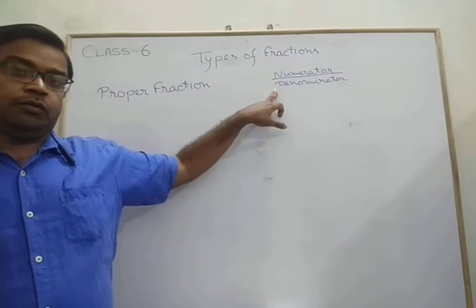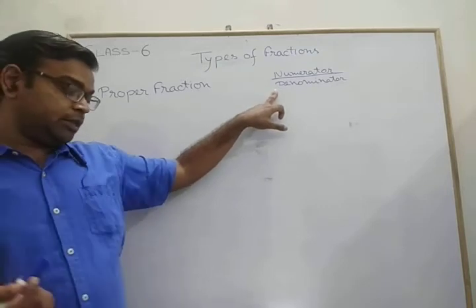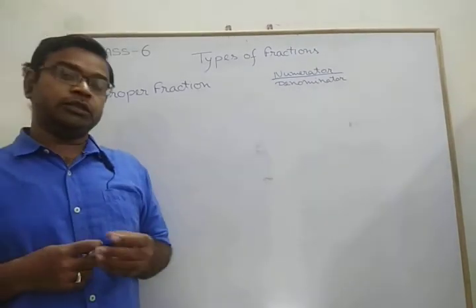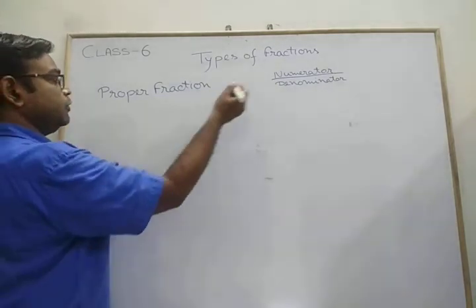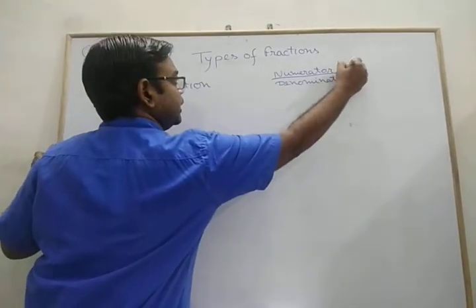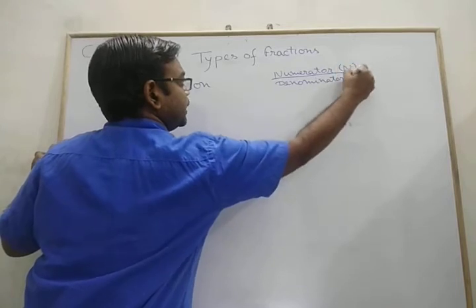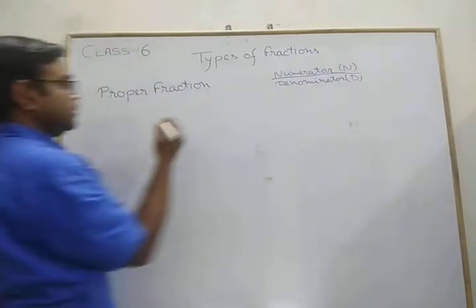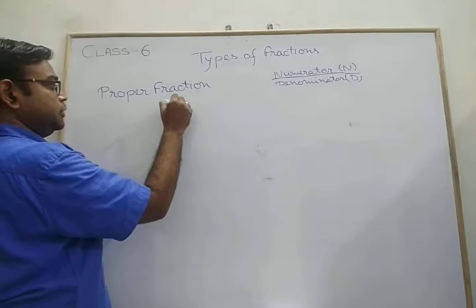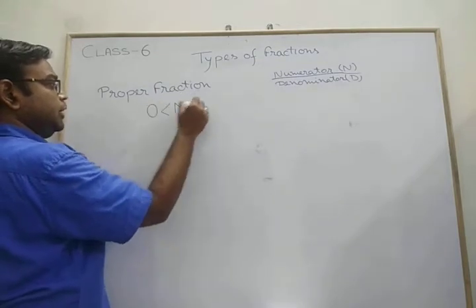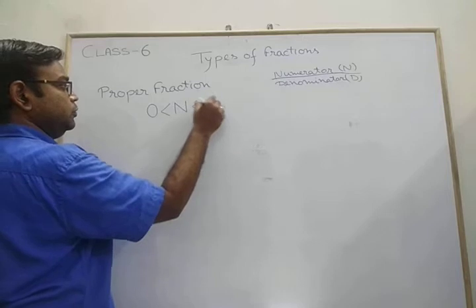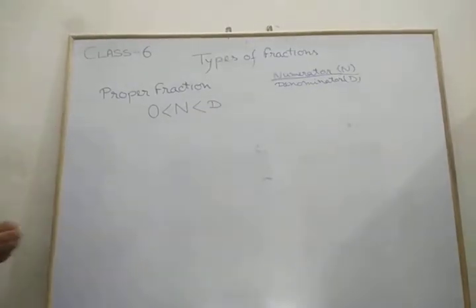So what is a proper fraction? In this case, numerator is always greater than 0 but less than denominator. If we represent numerator by capital N and denominator by capital D, then it says that N is greater than 0 and less than D. This is your proper fraction.